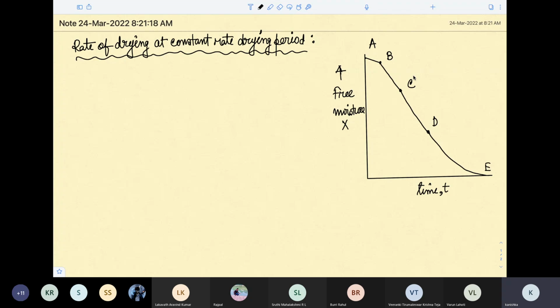It's a constant rate. That means the rate of moisture removal is the same wherever you look along the line. The rate of moisture removal is dX by dt, the slope of this line BC. So dX by dt will remain constant in this region B to C.